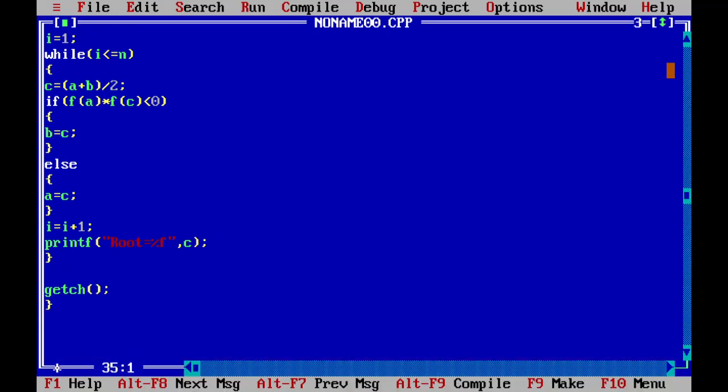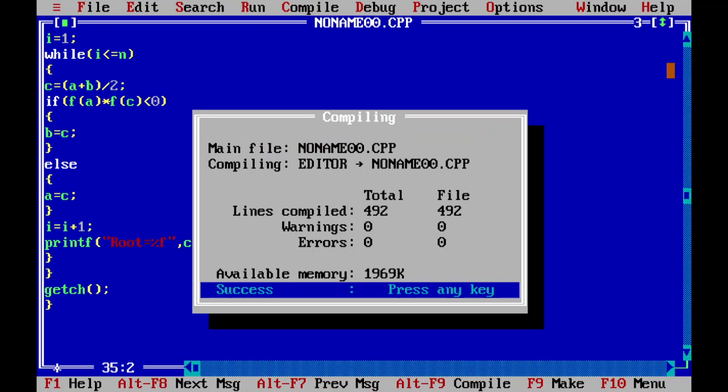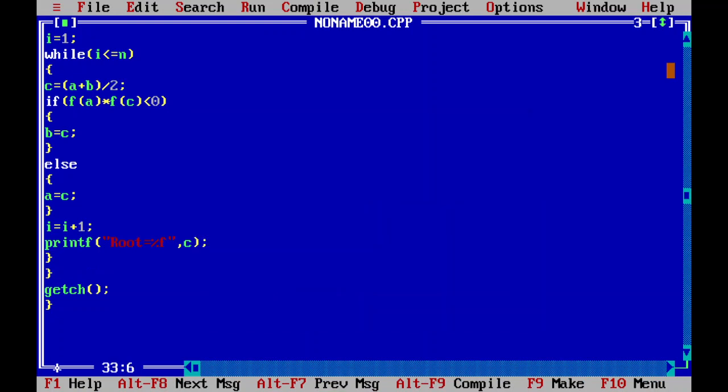So, here I want to print the root on a new line.